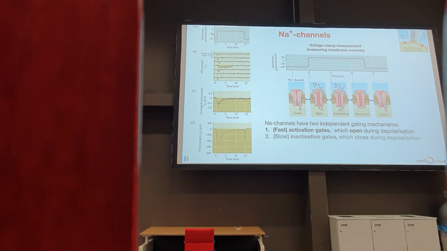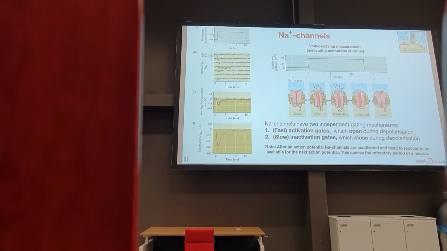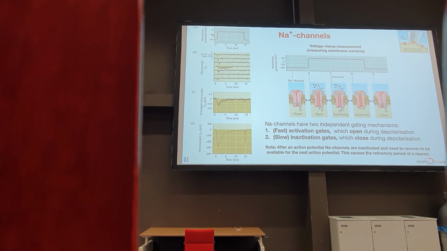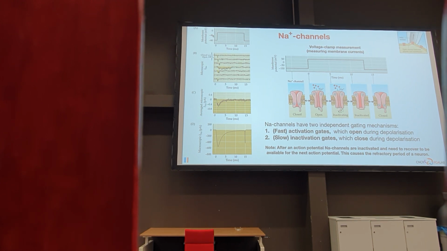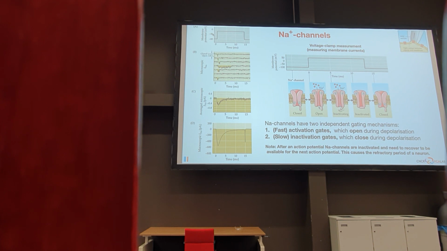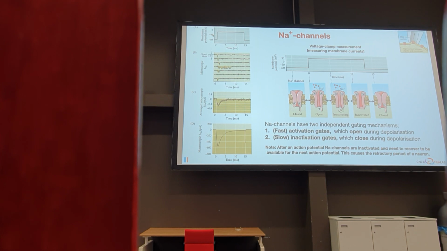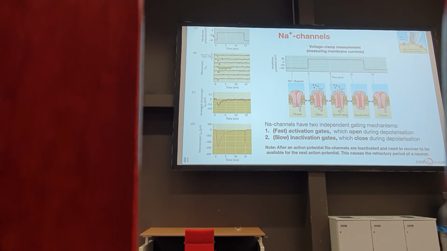So what I just discussed: this is called the activation gate, and this is the inactivation gate. And the important thing, which already gives away the answer to a question that I have later on the refractory period, is that once the channels are closed through this inactivation process, it also takes some time to recover from this inactivation, to have this gate going from inactivated to open again.